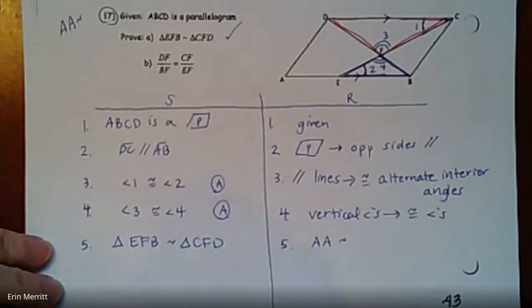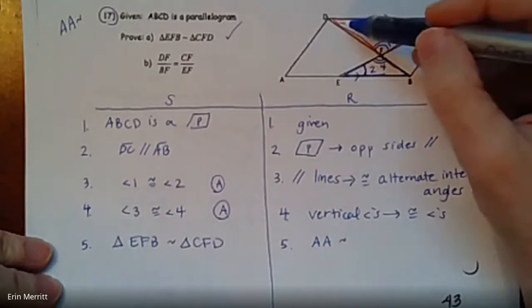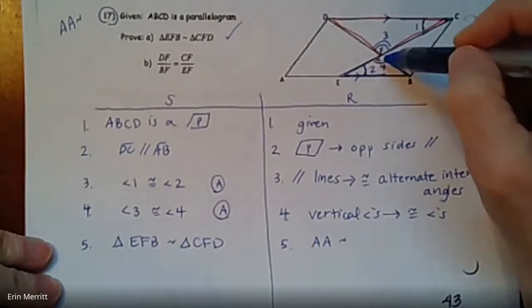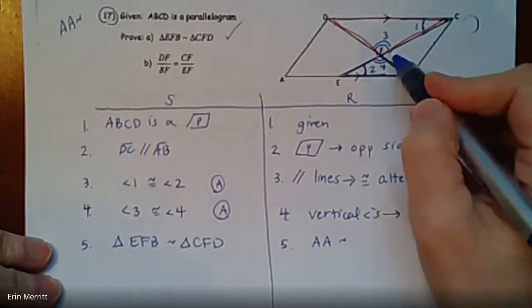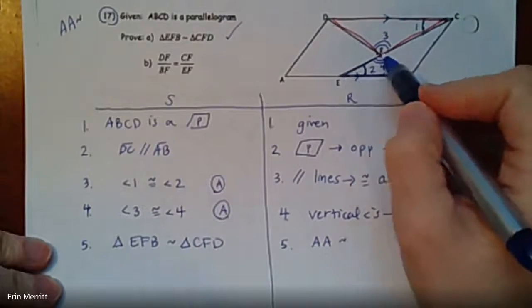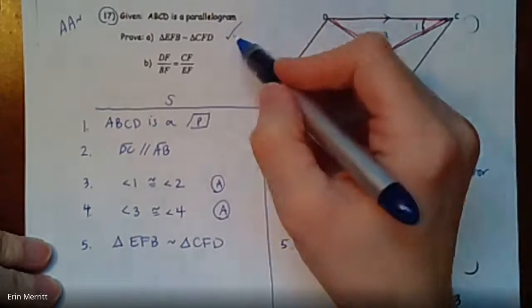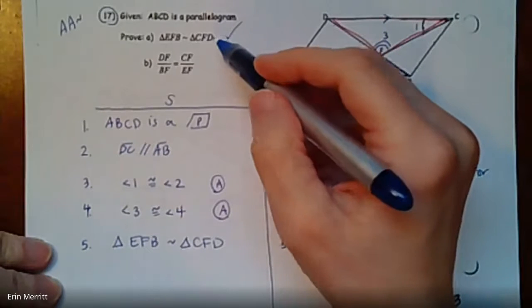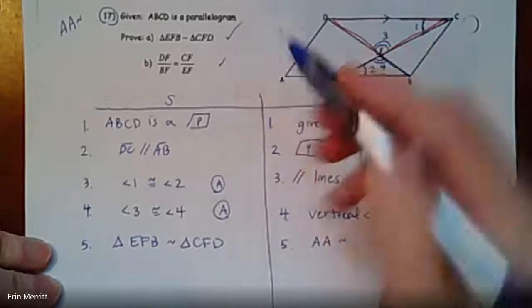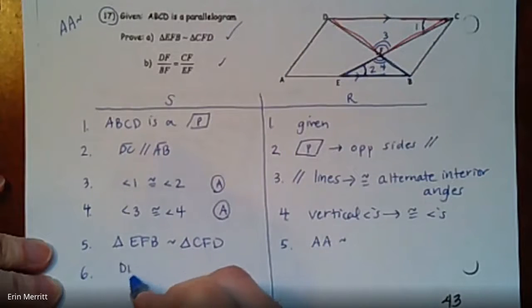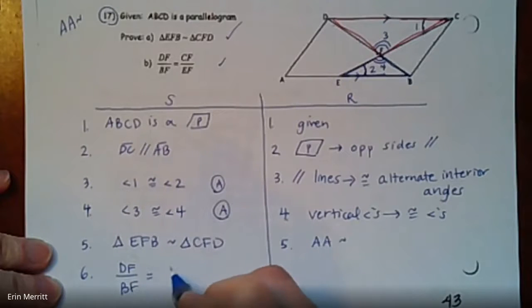You've got a second proof statement. We now want to say that DF is to BF, and then as CF is to EF. Well, those are parts of those triangles, so we don't have to say anything else in between these steps. We can go right from here to here and say that DF is to BF as CF is to EF.